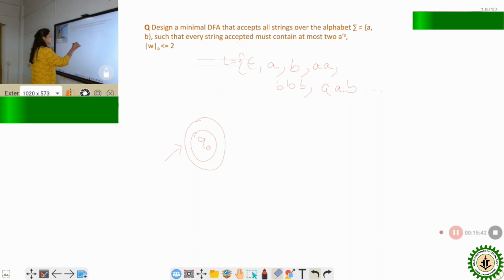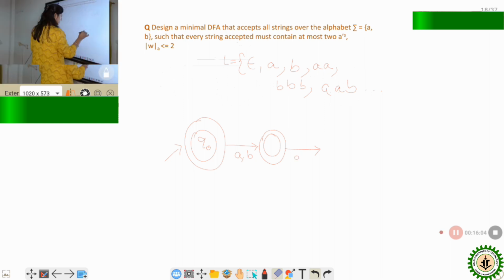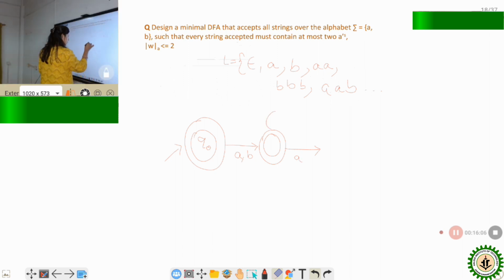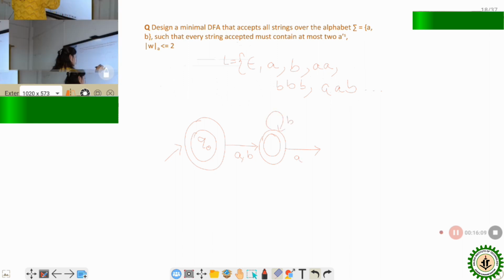So then, if we apply A or B, it will be accepted. If we apply B here, it will be accepted.